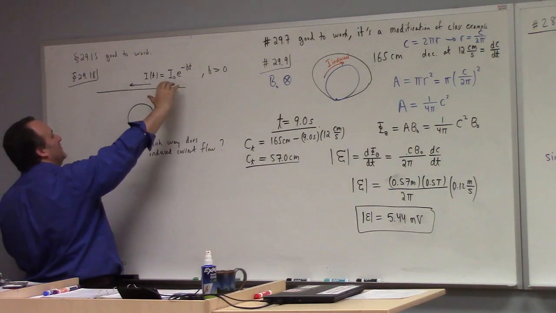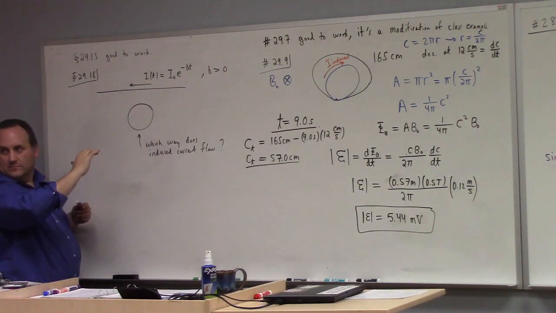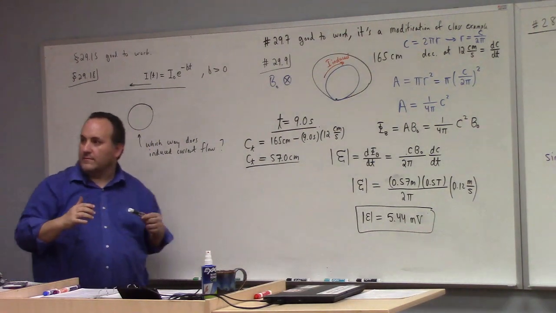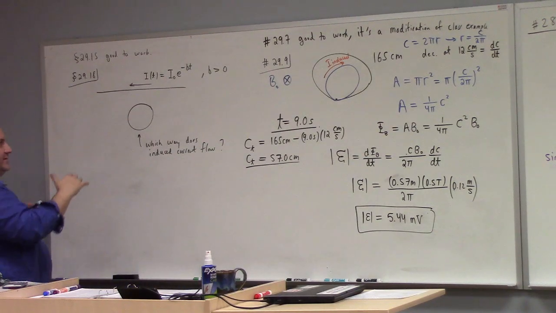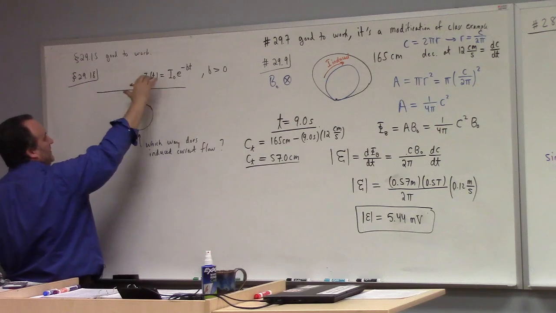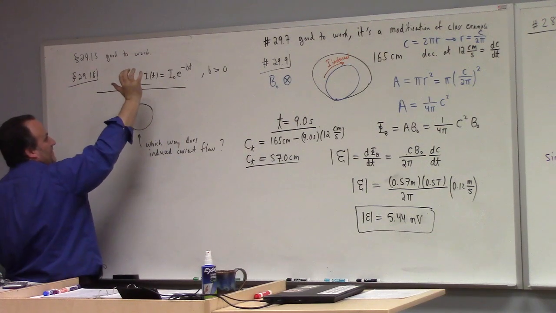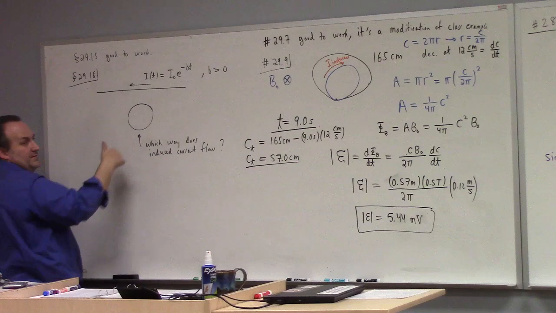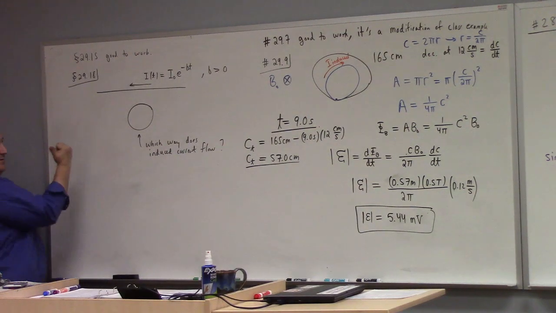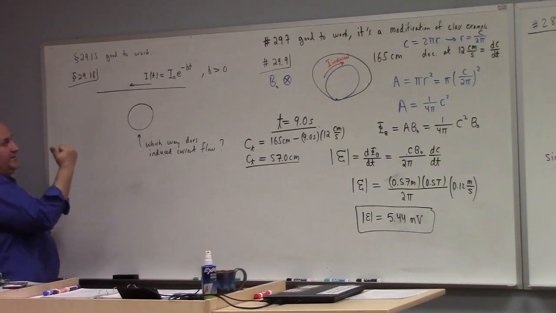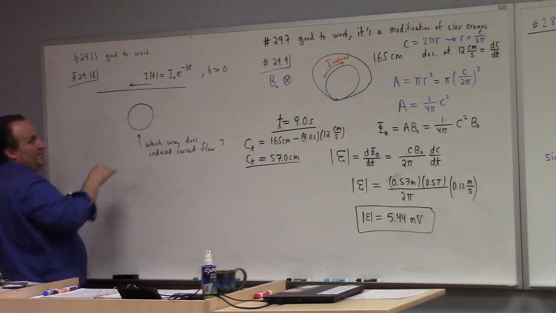So anyway, if I naught's positive, the current goes this way. And as you think about the magnetic field coming out here, it's coming out of the page, right? Okay, so that's at a given time.